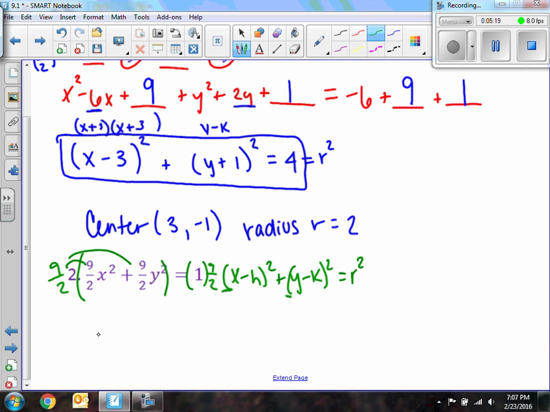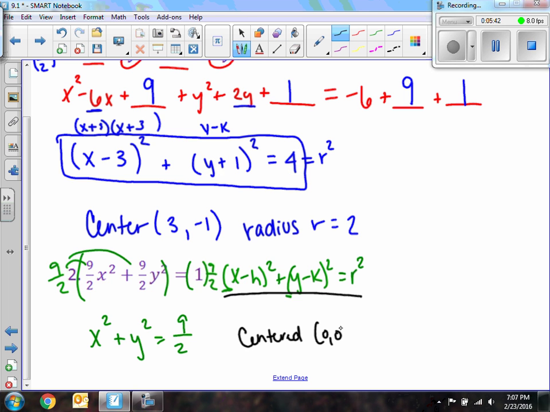Distributing my 9 halves here, I'm simply left with x squared plus y squared equals 9 halves. Now, if I just have an x squared and a y squared here, and looking at my typical formula that I have over here, h and k have to be 0. So I am centered at 0, 0, and I have a radius of what?